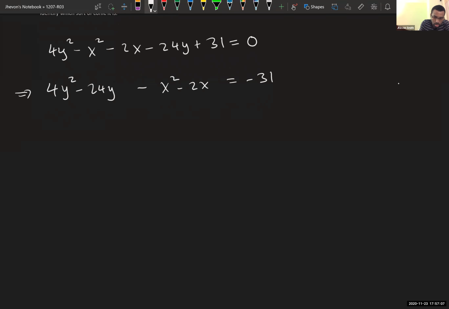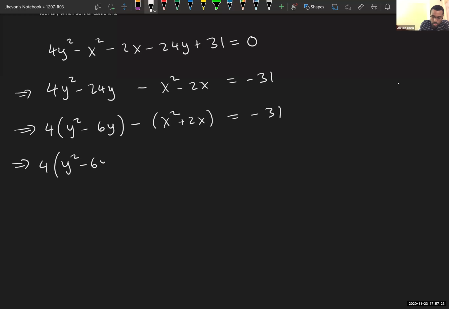So now what we want to do is factor out the coefficient of the squared term. Going to add and subtract half the coefficient of the linear term.